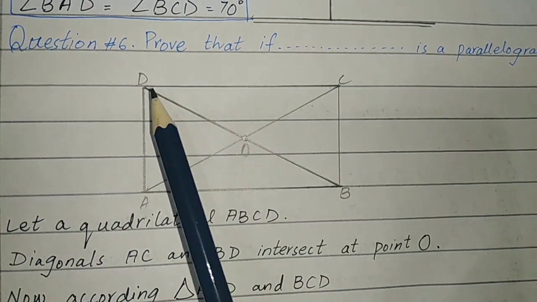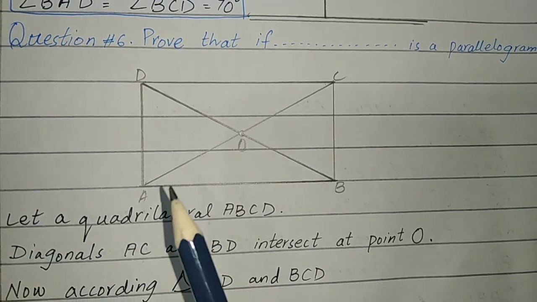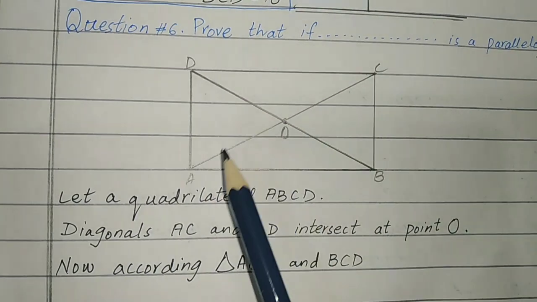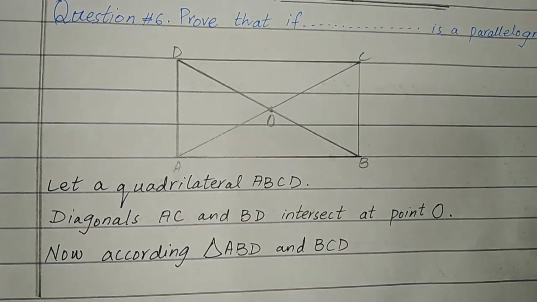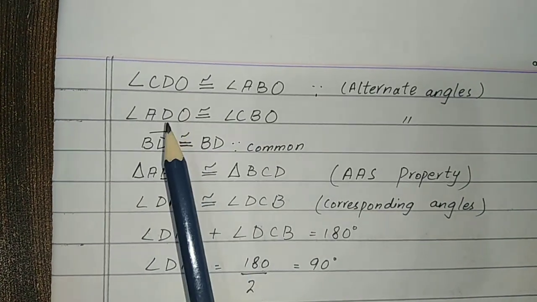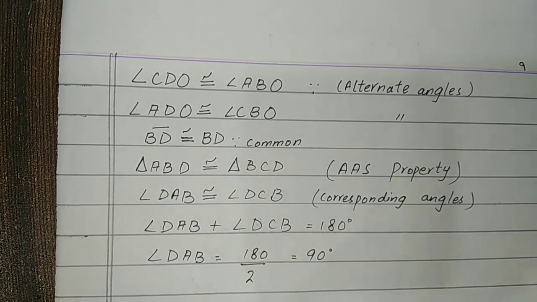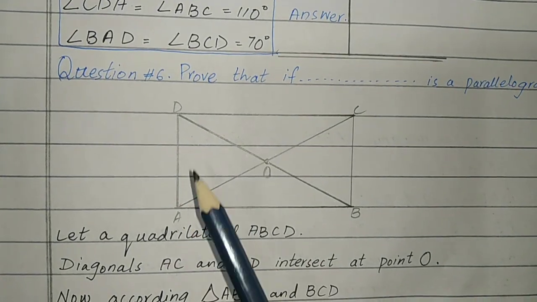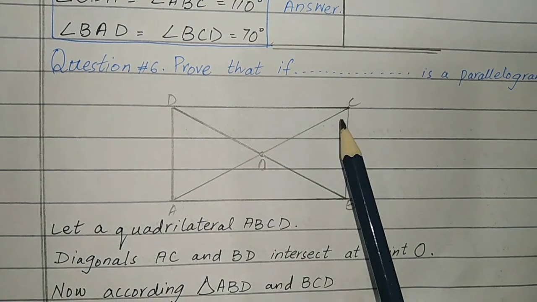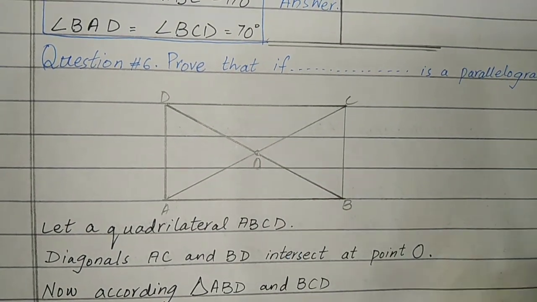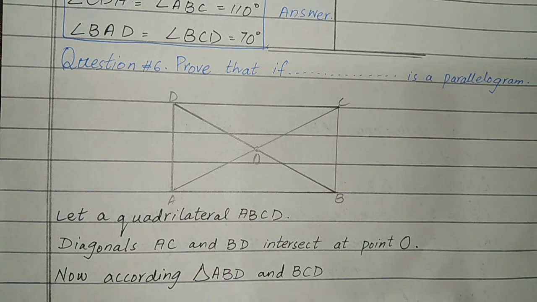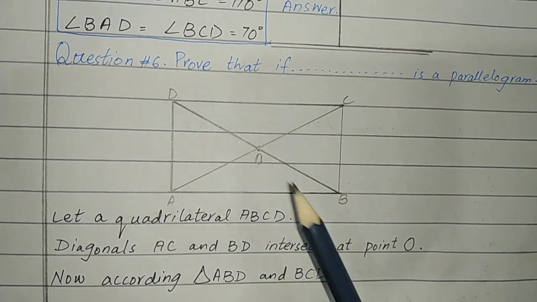And angle ADO is congruent to angle CBO. And in these two triangles, one side is common, that is BD.